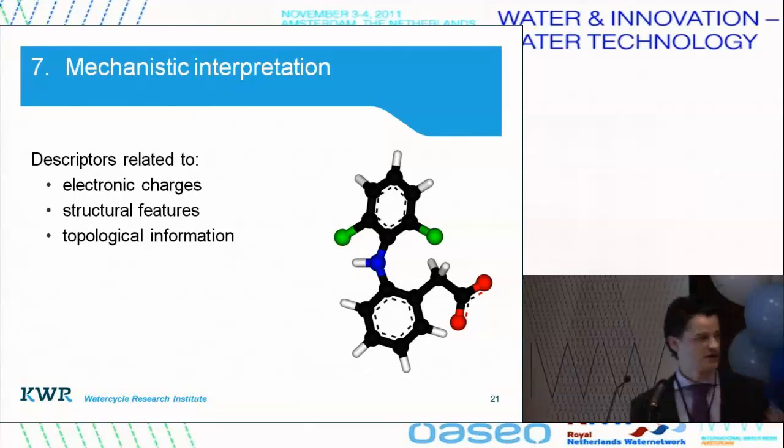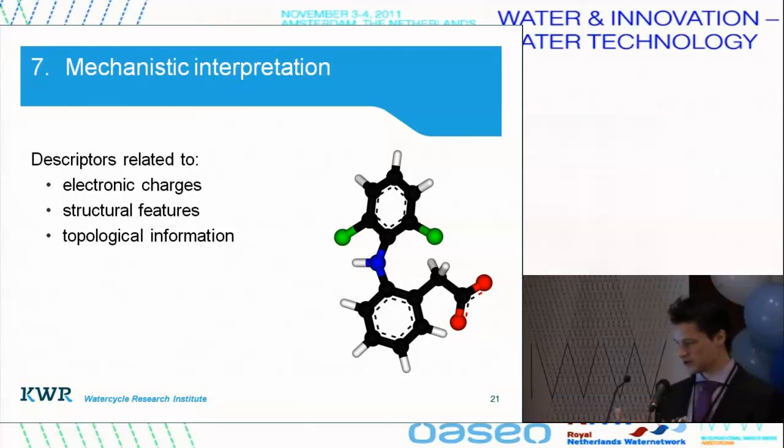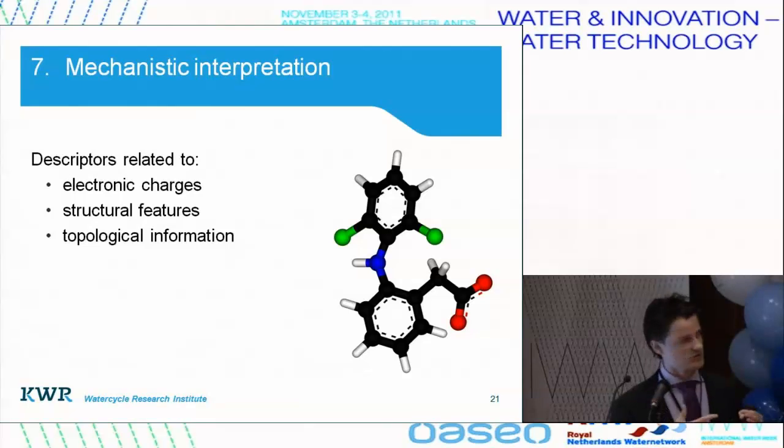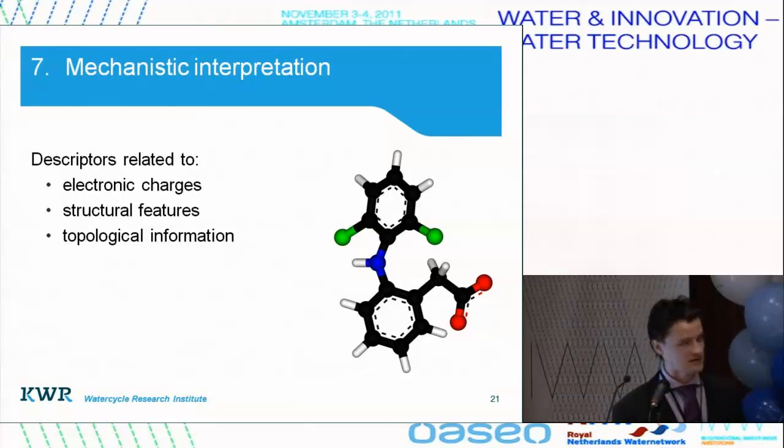In our case, we've seen that the descriptors are related to the electronic charges, which can be quite logical, because the OH radical is a radical reaction with the compound, but also the structural features present in different groups of the chemical structure can be of influence, as well as the topological distribution of the compound. We're still looking at more details of that, but that's as far as I will tell you here.